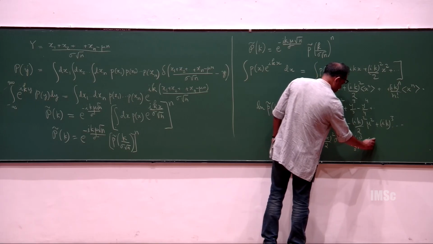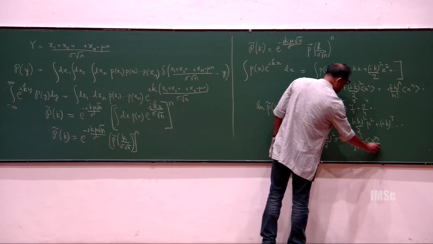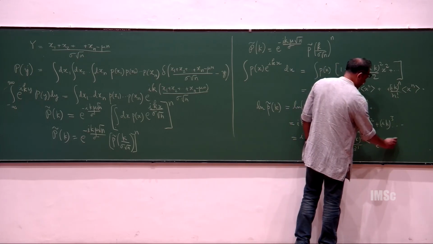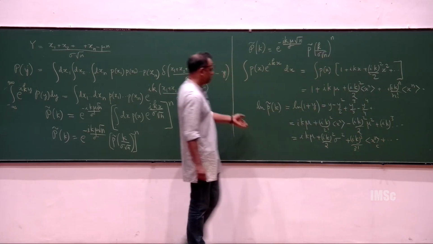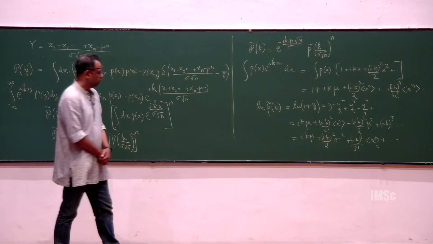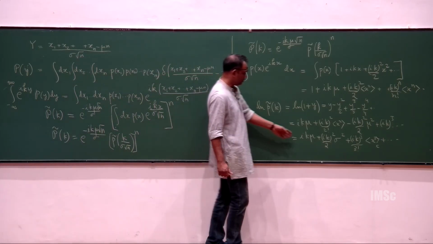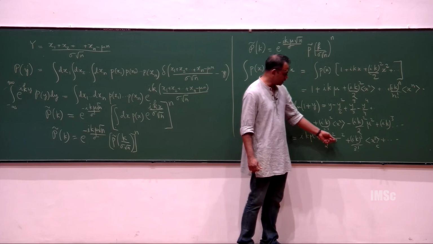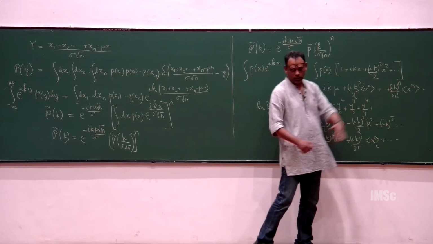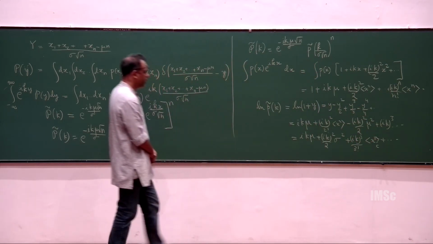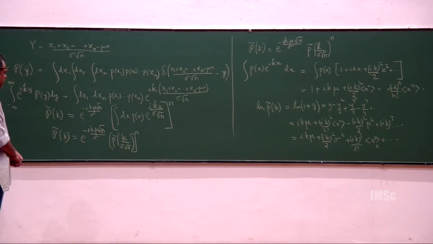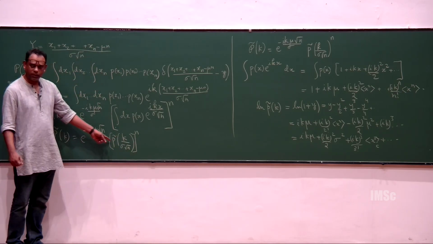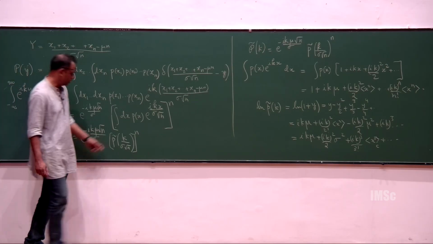There is some word people use which is x cube cumulant, plus and so on, x to the power 4. That is the expansion for log of p tilde of k. It's called a cumulant expansion, where this is called the first cumulant, second cumulant and higher order cumulants, okay, whatever that be. But that's how the expansion looks like. We are now going to substitute that expansion into this expression.